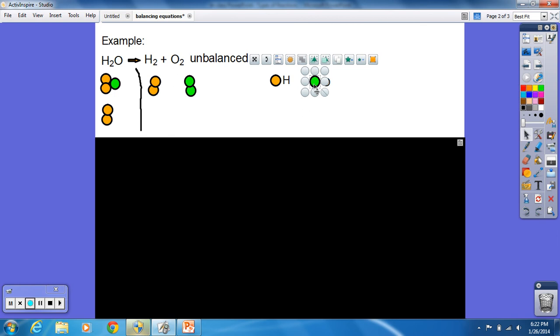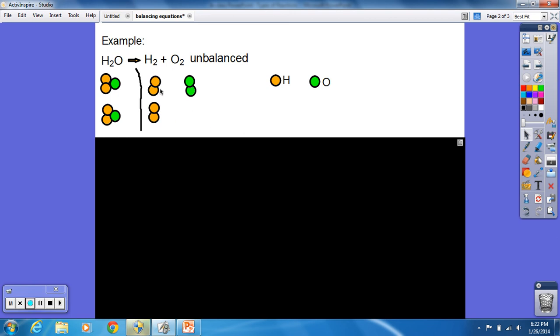If I want another oxygen, then I need to add an entire other water molecule. So now I have the same number of oxygens on either side, but now my hydrogens are unbalanced. I've got 4 over here and 2 over here. So I can add another hydrogen gas molecule over here.